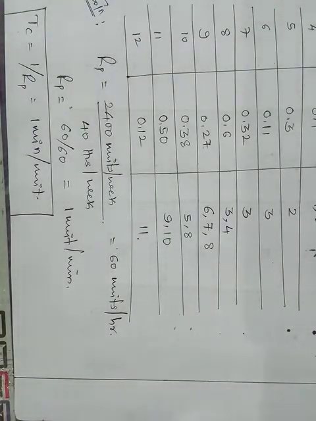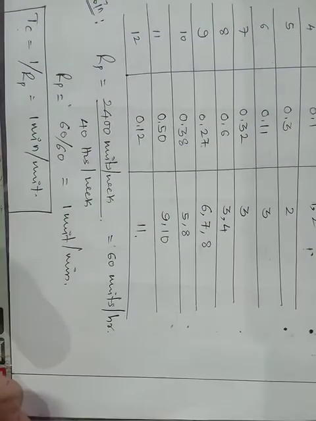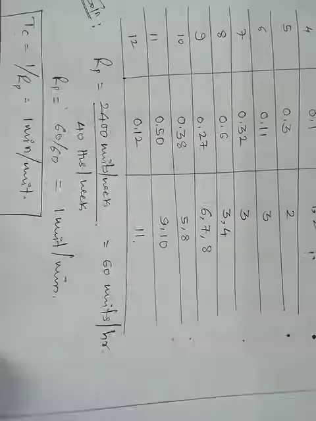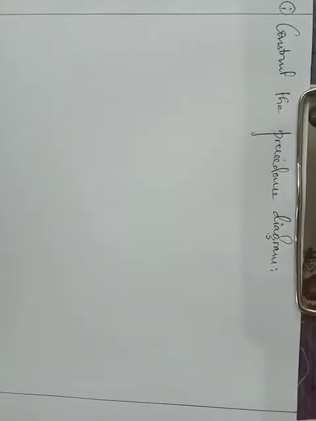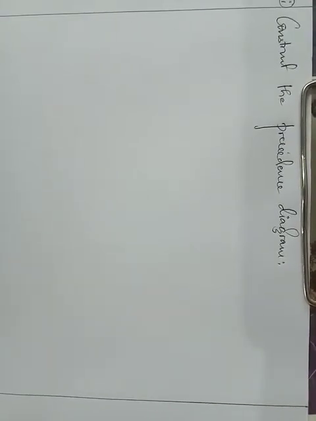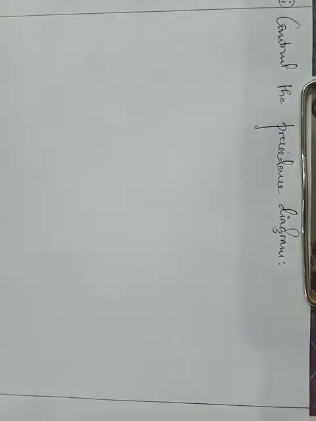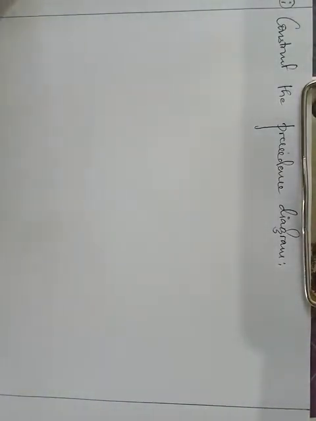So next we'll be starting with the first bit, that is construction of precedence diagram. Okay, let me start with construction of precedence diagram. I need to start with 1 and 2 because they do not have any precedences.